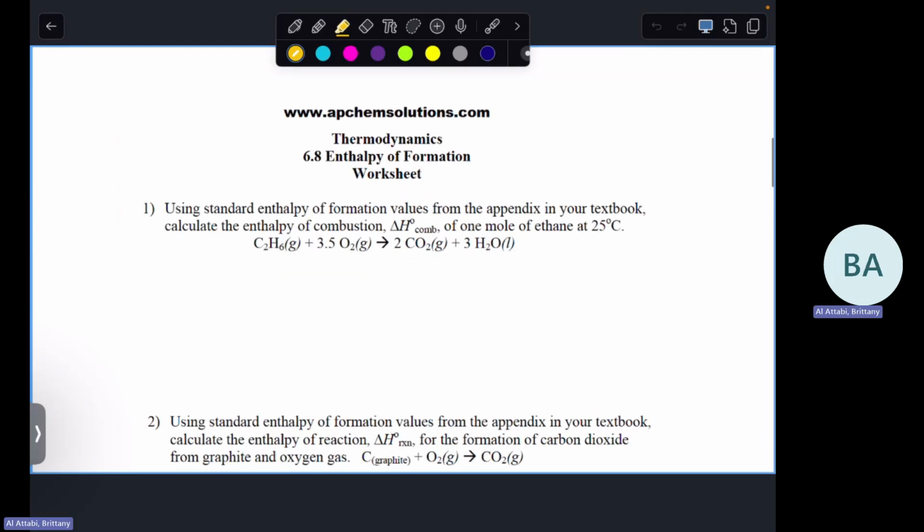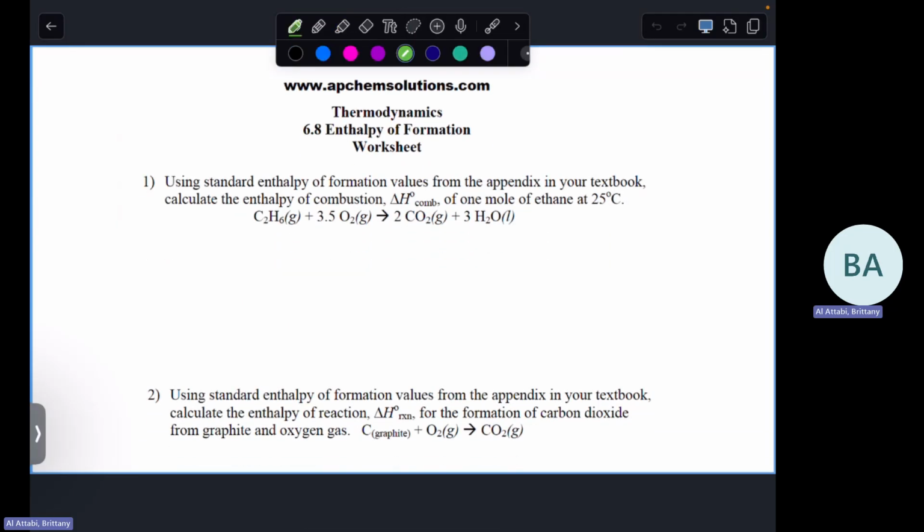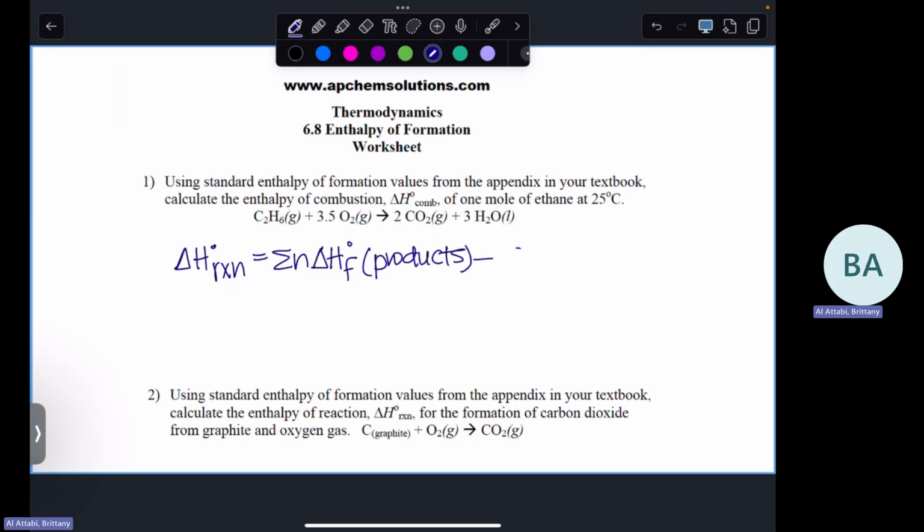Right? And so there's also on the front of your reference packet a formula where the heat of your reaction is equal to the sum of all of your heats of formation for your products minus the sum of the heat of formations for your reactants.